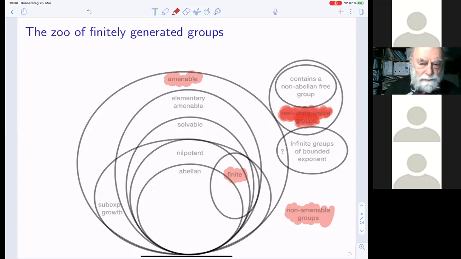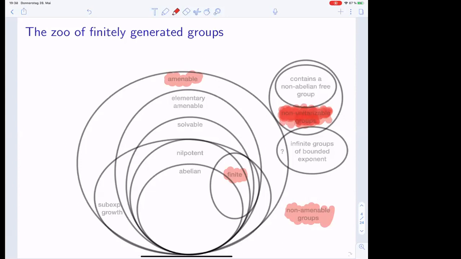It really takes more values, and these values that it can take in between amenable and non-amenable groups, we think of as a numerical measure of how non-amenable a group is. We think that it will have more applications, and maybe it will have applications to the study of these so-called non-unitarizable groups. But I will explain all that on the next slides.